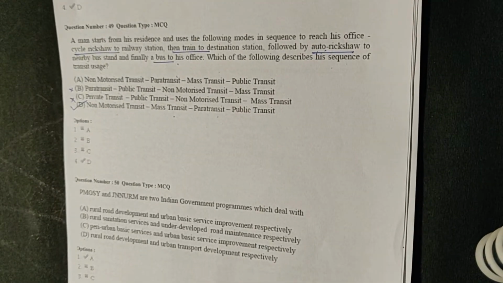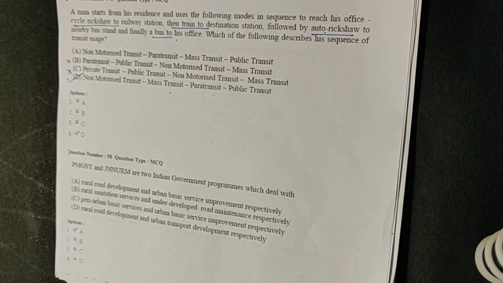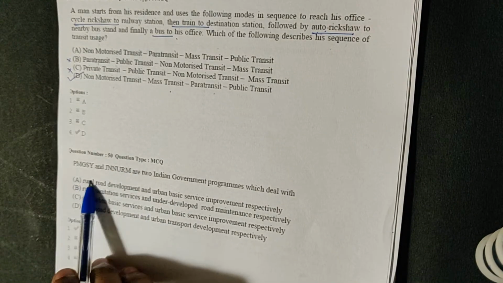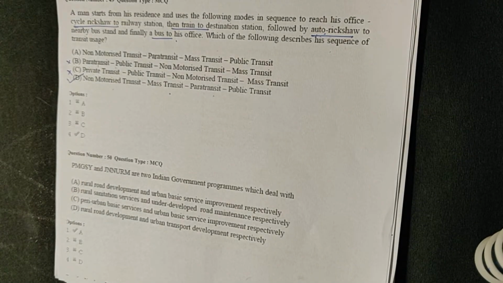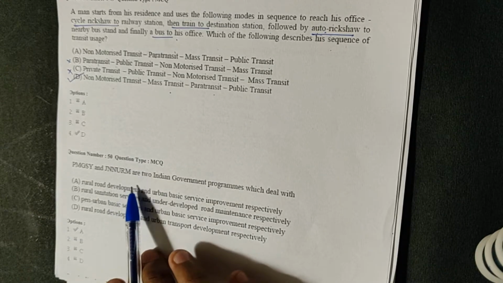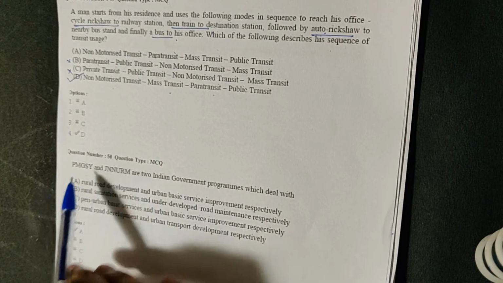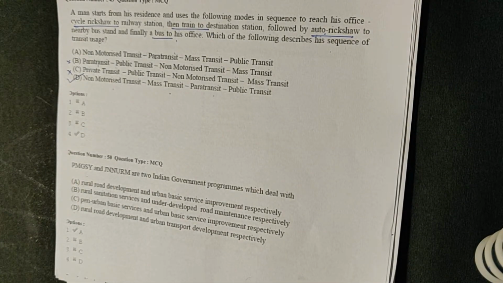Let us move on to your next question. PMGSY and JNNURM are two Indian government programs which deal with which of the following? PMGSY stands for Pradhan Mantri Gram Sadak Yojana, and JNNURM stands for Jawaharlal Nehru National Urban Renewal Mission. As you read Gram Sadak Yojana, it has to deal with rural area road development.